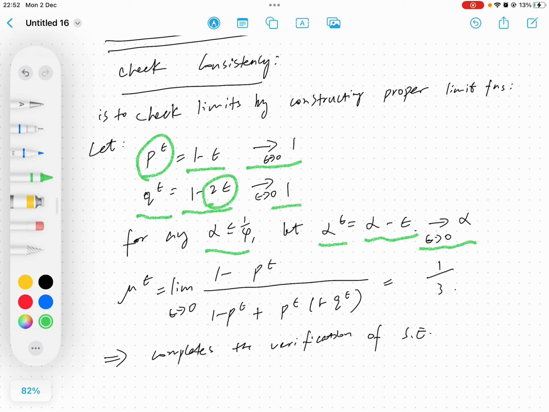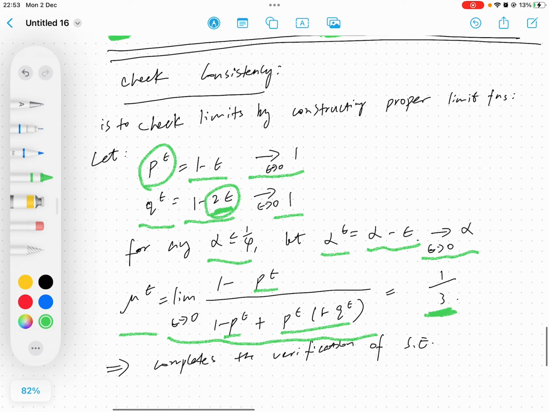So all those are good, and then finally we have this belief mu epsilon, and that'll be the limit when epsilon goes to 0, and after we plug in all those functions, that finally gives us 1/3. And this 2 epsilon will be helpful for us to find a result that is consistent with the whole assessment.